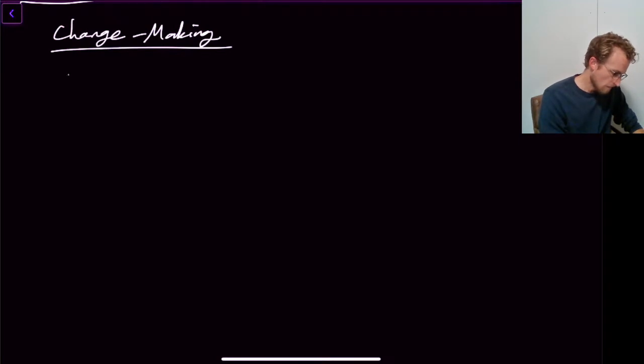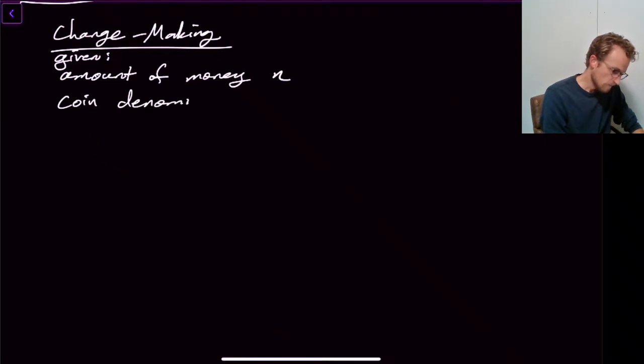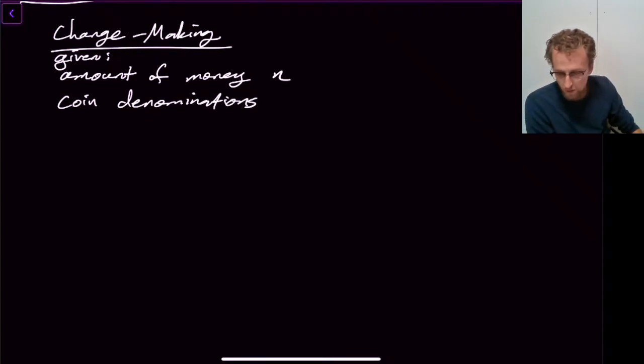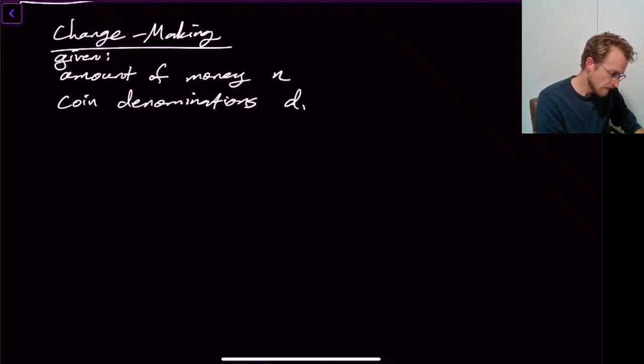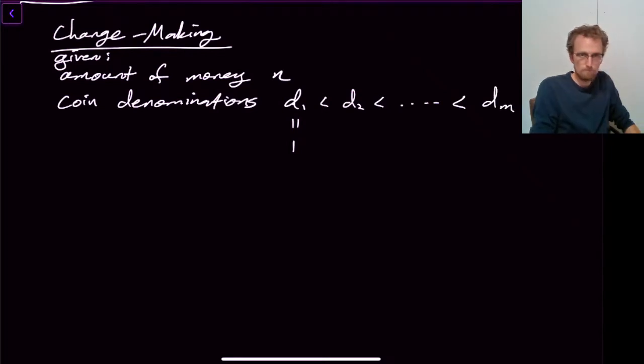So given an amount of money n, and coin denominations, let's call them D1. So we'll define D1 to be equal to 1. And D1 is less than D2, which is less than all the way up to DM.